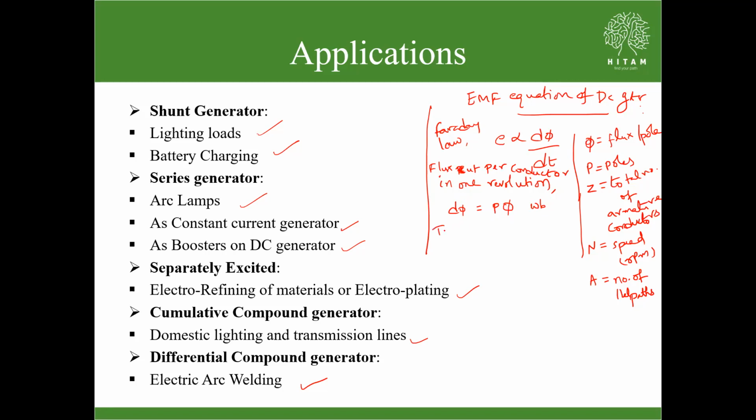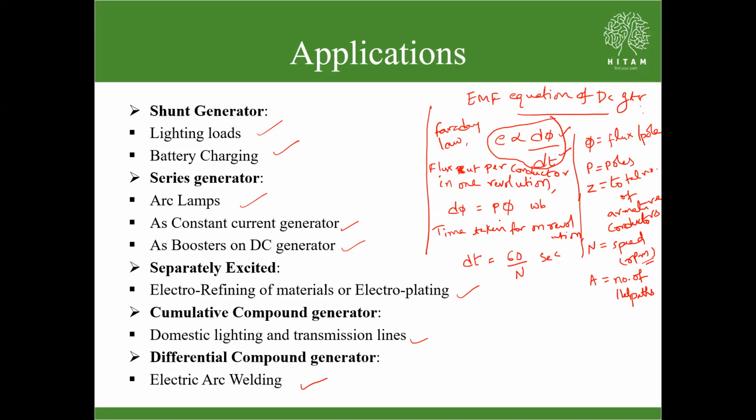Now the time taken for one revolution. I have taken the units of speed in RPM, revolutions per minute. If we want it in seconds, that is dt. One minute is 60 seconds, so therefore dt is 60 by N seconds, where N is the speed in RPM.